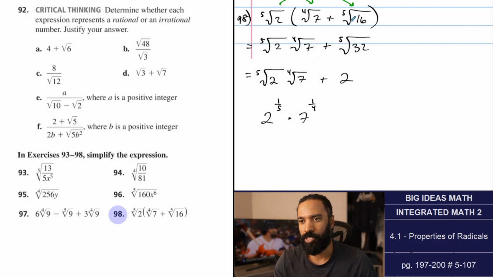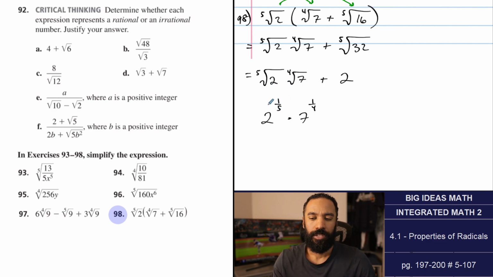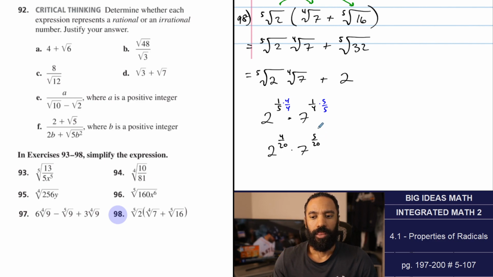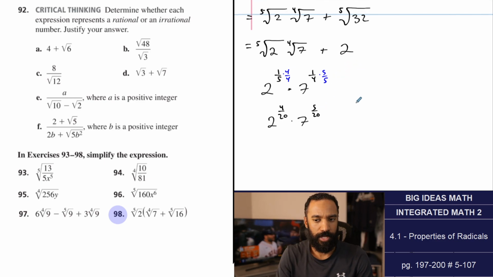If I get a common denominator, and it's not so much about adding these things together, but if I multiply this by 4 over 4, and multiply this by 5 over 5, and turn this into 2 to the 4/20ths and 7 to the 5/20ths, now they can be the 20th root together.